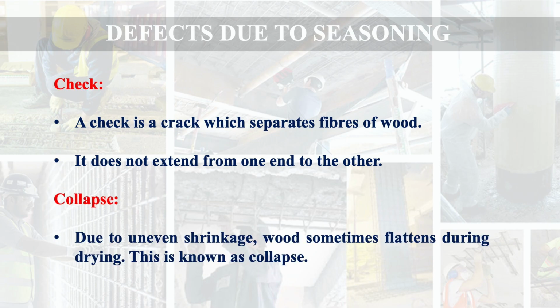Due to uneven shrinkage, wood sometimes flattens during drying. This is known as collapse. And in collapse, what happens basically is that physical collapse of fiber cells due to uneven shrinkage occurs.